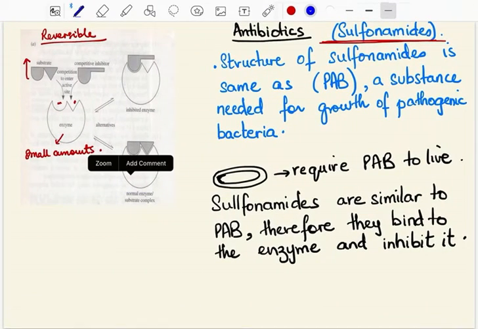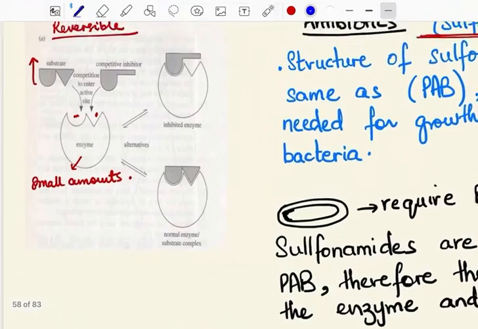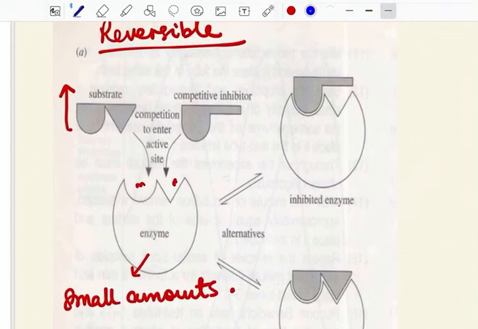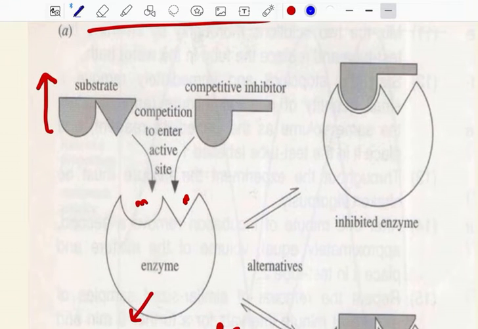For example, I can show you this slide. ठीक है? You can see that there is a substrate who needs to bind to this active site, and there is a competition between this substrate and the competitive inhibitor whose shape is similar to the substrate. So when the substrate concentration falls down, the competitive inhibitor gets a chance to bind to the enzyme, and look what's happening.